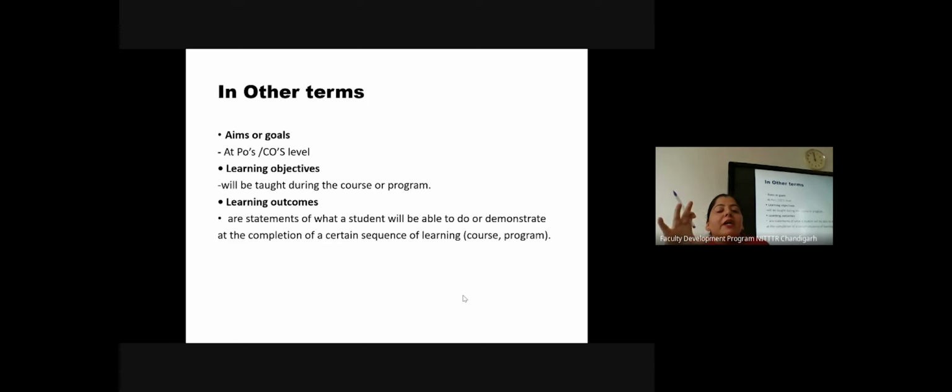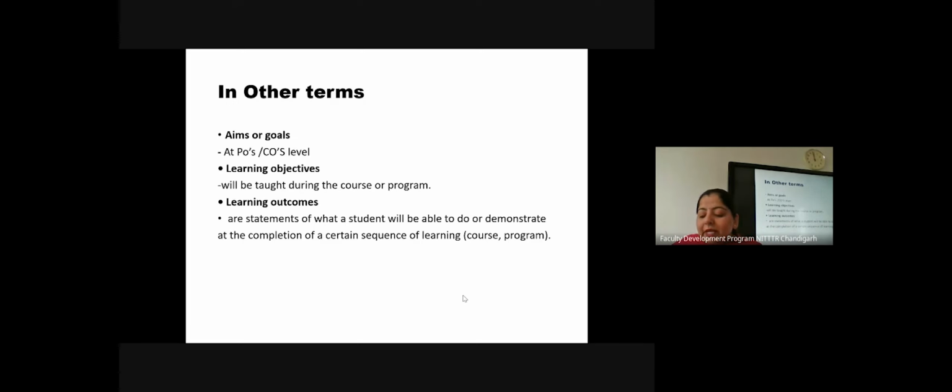That will define a broader objective of that course. We need to have a future vision of what my student will be able to do after 3 or 4 years of formal education, after the completion of this specific program at institute level.